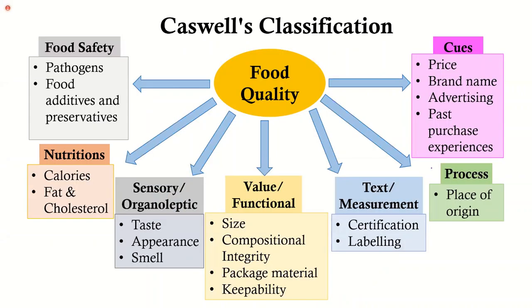So there's a famous food economist called Caswell, and she has come up with a very famous or widely used model that we can use to estimate the food quality of a product, right? So there are several categories under Caswell's classification.